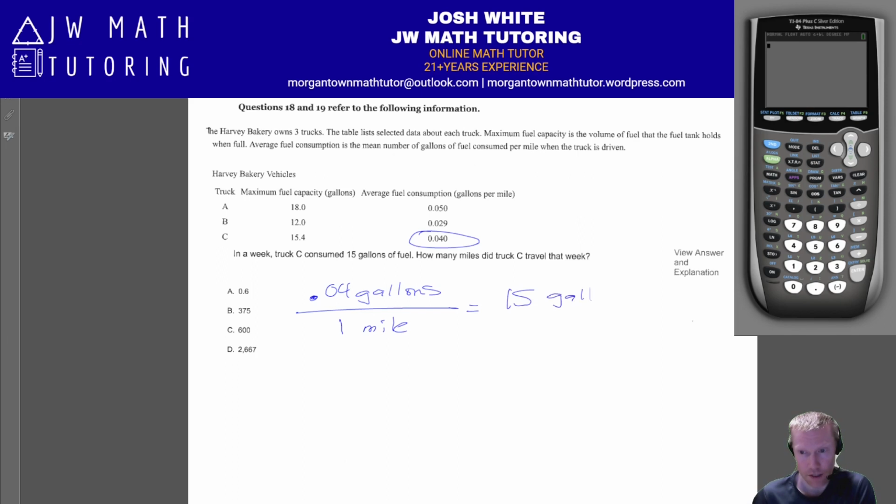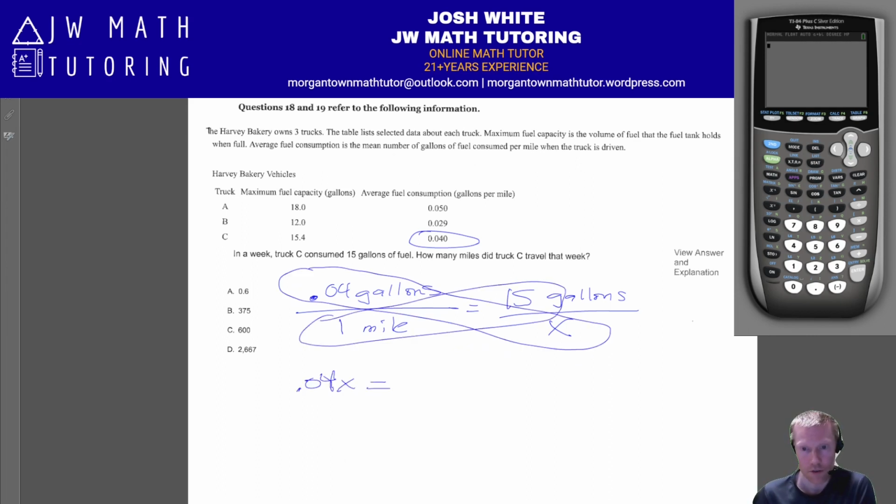So I'll put that on the top because, again, with proportions, we want the same units across the top and across the bottom. And so now, how many miles does that correspond to? Well, that's our unknown. That's our x. That's what we're trying to figure out. So now if we cross multiply, we're going to get 0.04 times x, and then 15 times 1 is just going to be 15.